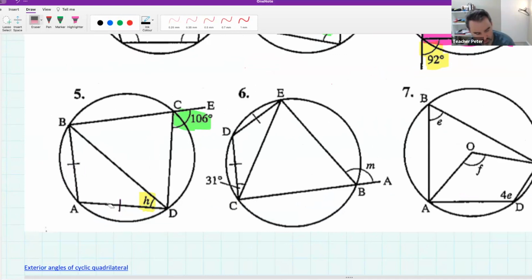I want you guys to try and find the value of h for me. Try and find the value of h, and then let me know in the chat if you've spotted anything or you've got any tips that you think might help us. What tips do you think might be helpful?